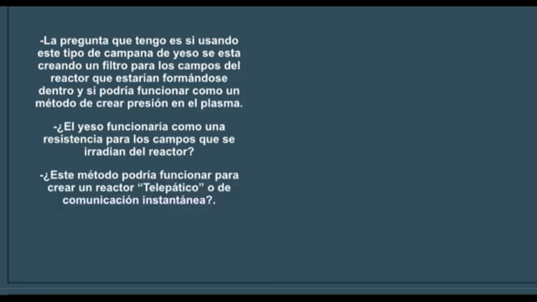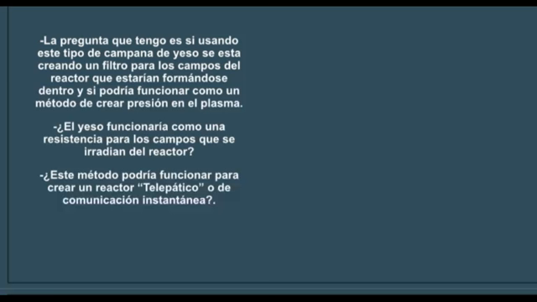Okay, Mr. Keshe, the question is if by using this type of plaster bell, it is being created a filter for the fields of the reactors which would be forming inside, and if it could work as a method for creating pressure in the plasma.